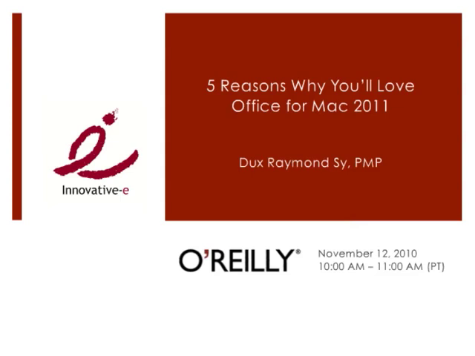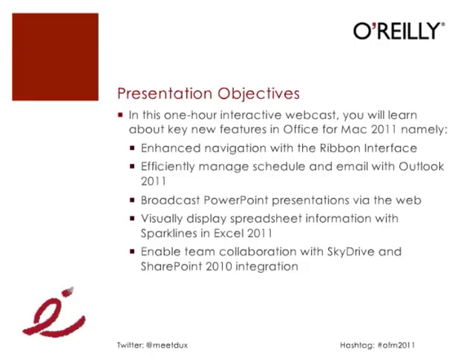So with that being said, let me quickly give you an overview of what we're going to discuss. In this 1-hour interactive webcast, I'll talk about some stuff, but I'll show you a lot of good things too. You'll learn about key new features in Office for Mac, specifically enhanced navigation with a ribbon interface.